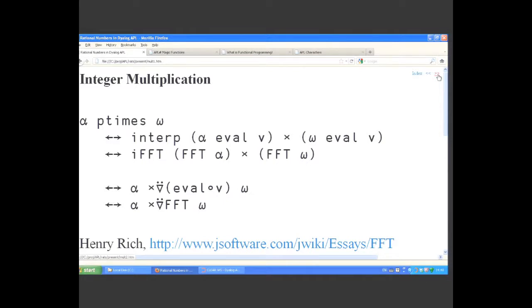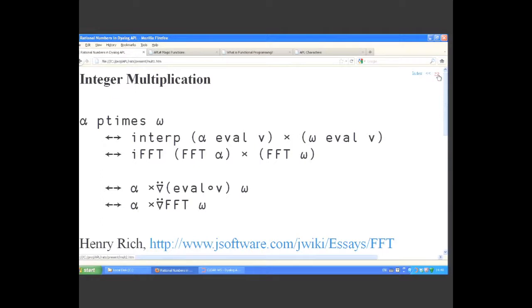So now you get two vector results, and then you just do the ordinary APL vector multiplication to get a vector result, and then you interpolate back to get the coefficients of the polynomial product.